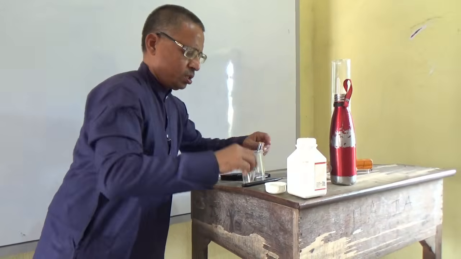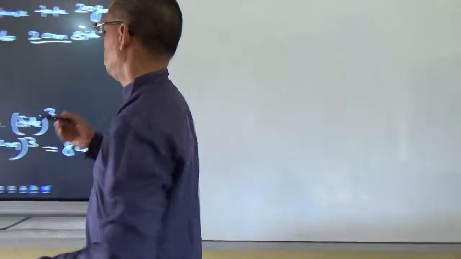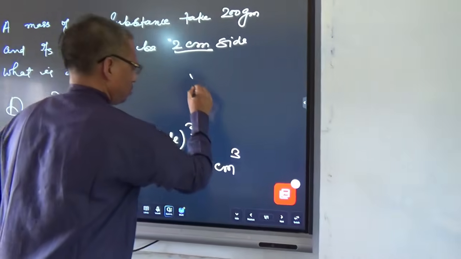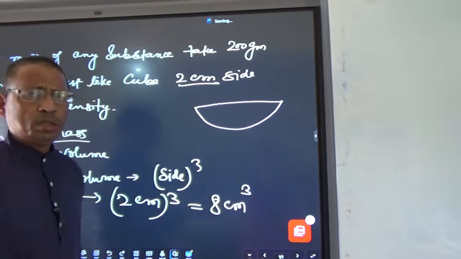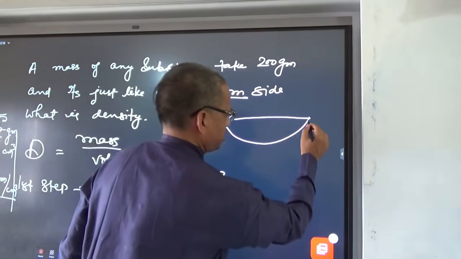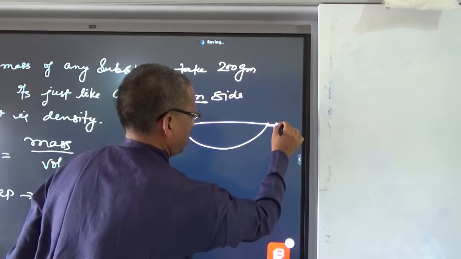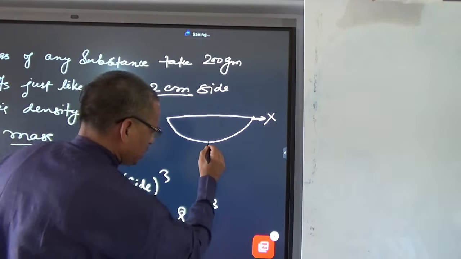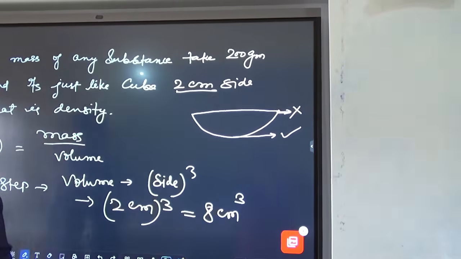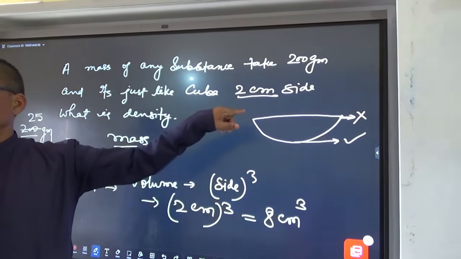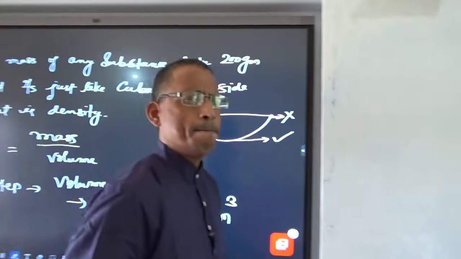What is the way you take a reading? This position is the wrong position. You take this position; this is the true position. Now take the reading.